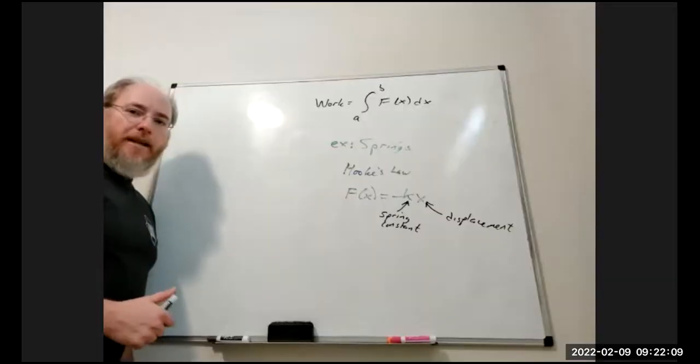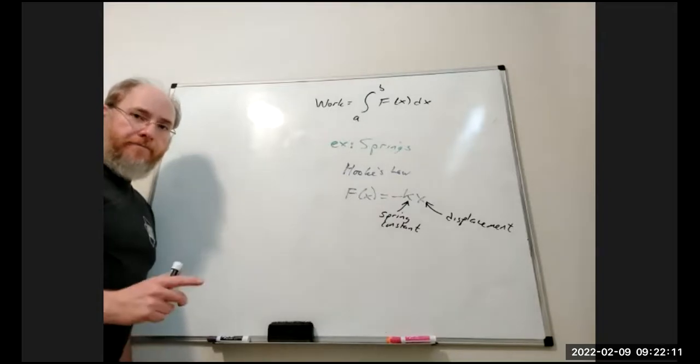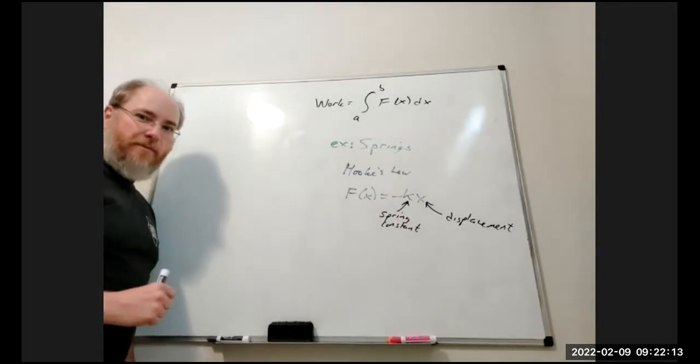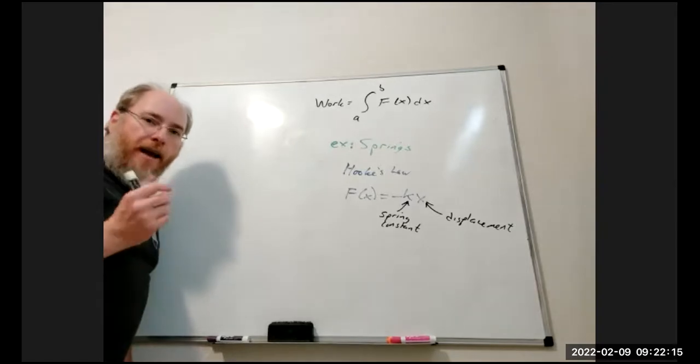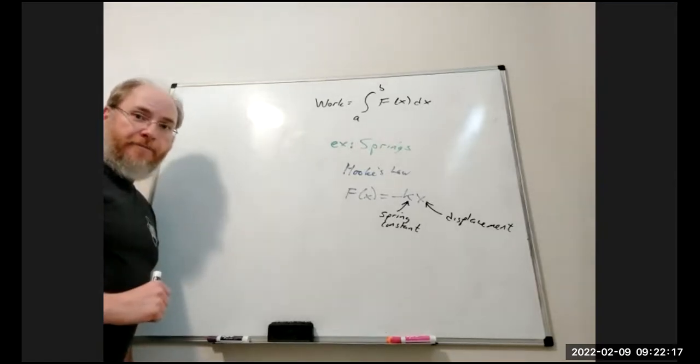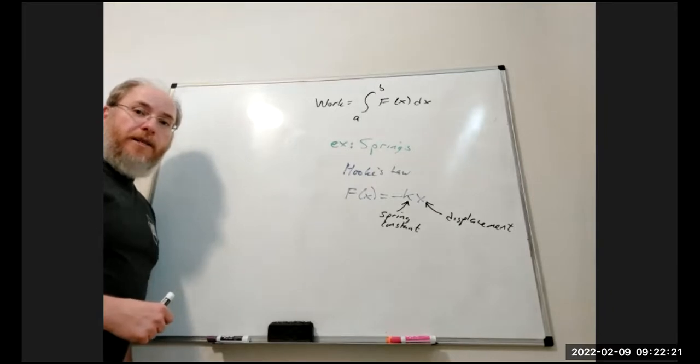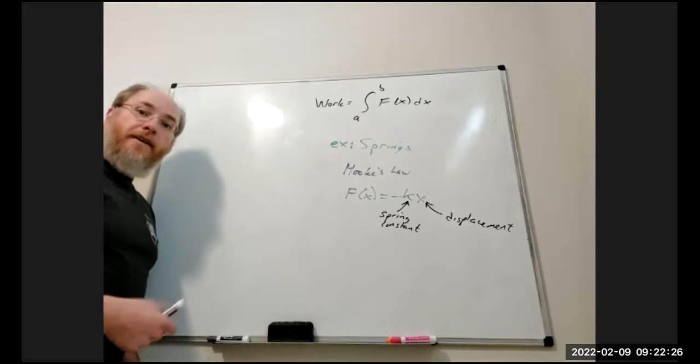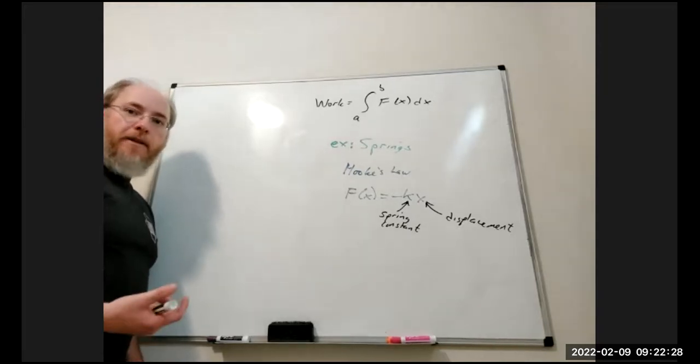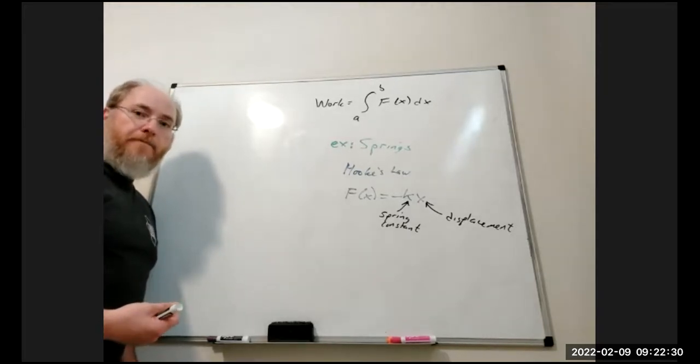So that k, here's an example of a spring that has a very small k, meaning it's really easy to stretch and compress: a slinky. I imagine you played with slinkies. Those are springs, but they're really easy to stretch, so they've got a very small k. An example of a spring that's got a large k would be a spring in your car suspension.